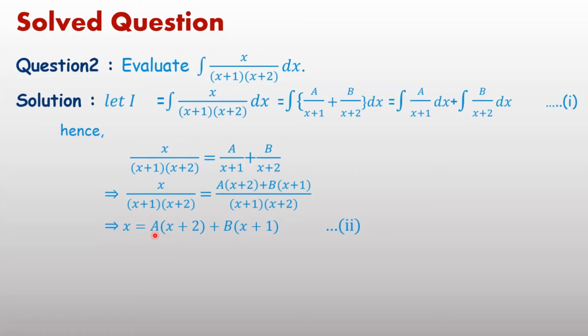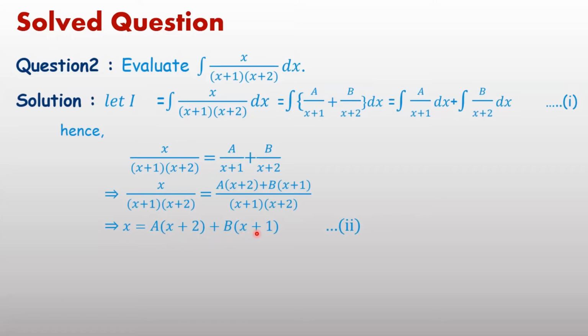Now the second method, which is given in Vedic mathematics. If it is an equation, it implies we can put any value of x. The equation will always balance. We should select such a value of x for which we can find the value of a and b.